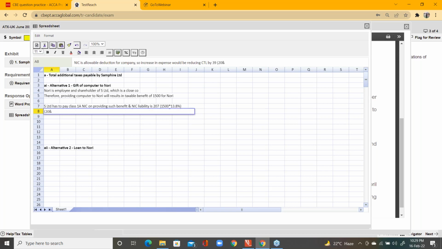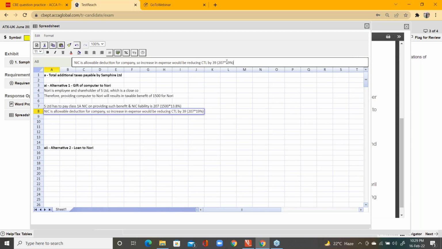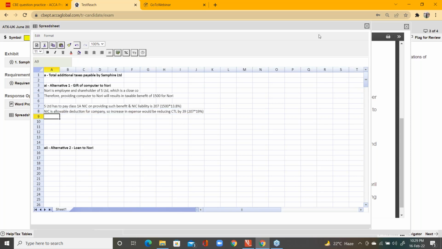Because the company is now deducting 207, the NIC paid on the benefit amount, which is an allowable expense. If this amount of 207 increases the expenses, corporation tax liability will go down by 19%. NIC is an allowable deduction for S Limited, so the increase in expense would reduce corporation tax liability by 39. How? 19% times the amount of expense.